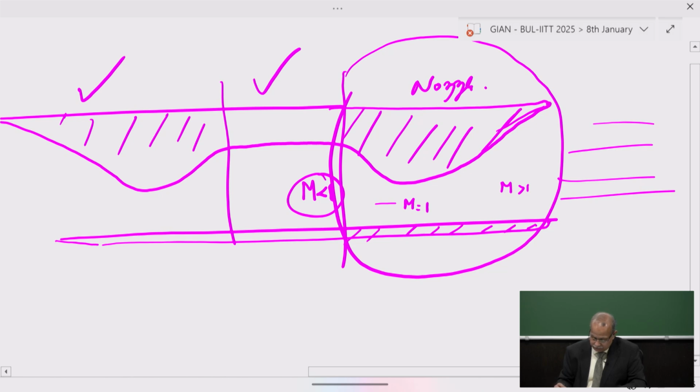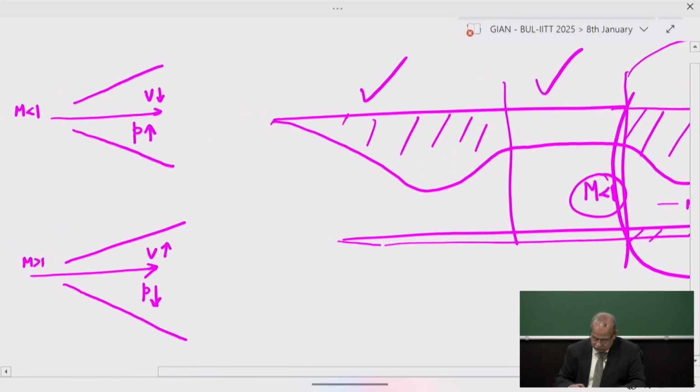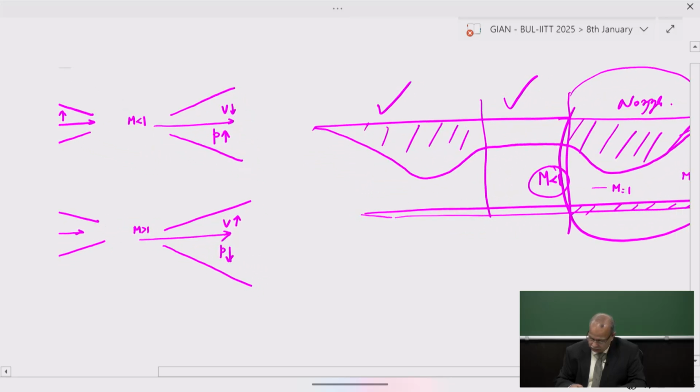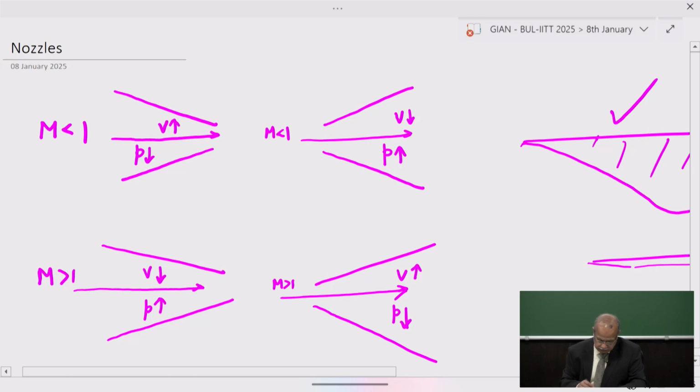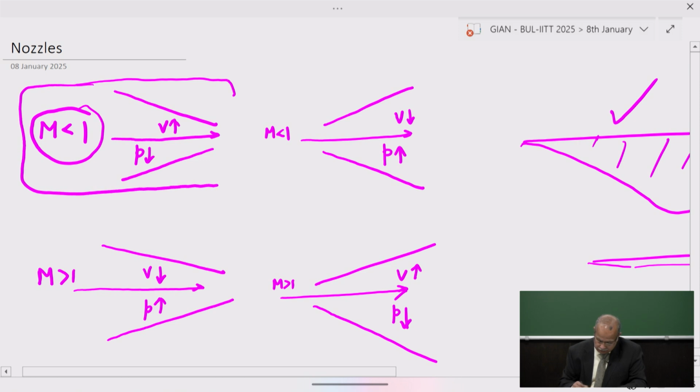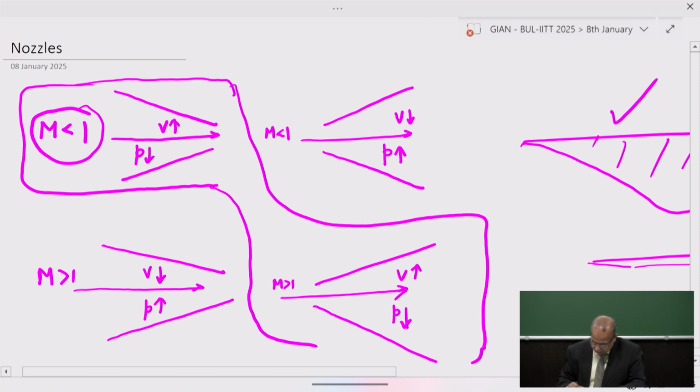The way we can imagine it is that a subsonic flow enters into a convergent geometry, accelerates and reaches M equal to 1 at the throat, and then continues to accelerate to supersonic speeds.